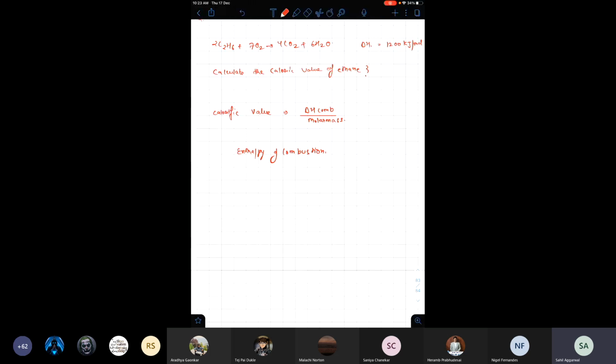We are given 2 moles. So calorific value will be 600 divided by the molar mass of ethane. What is the molar mass of ethane? 20 kilojoule per gram.